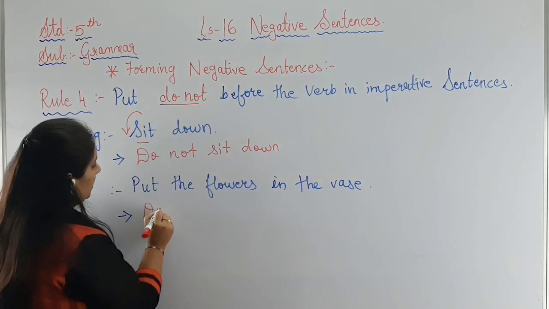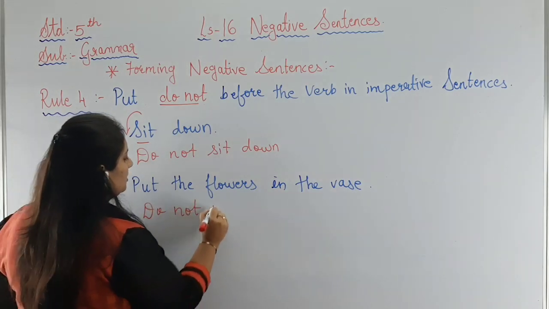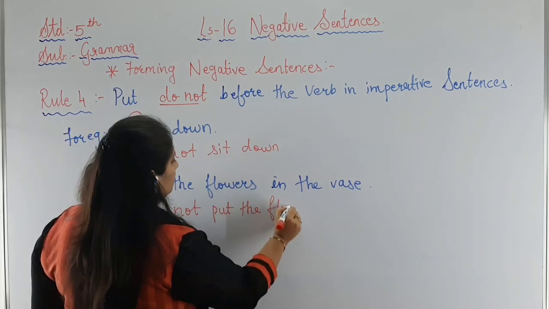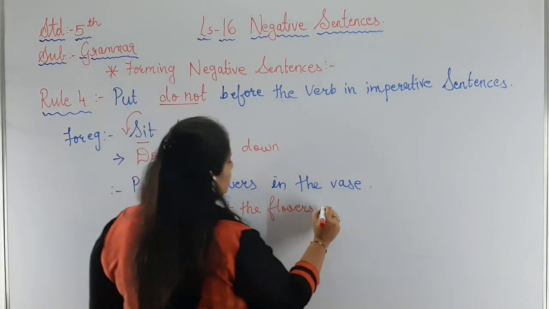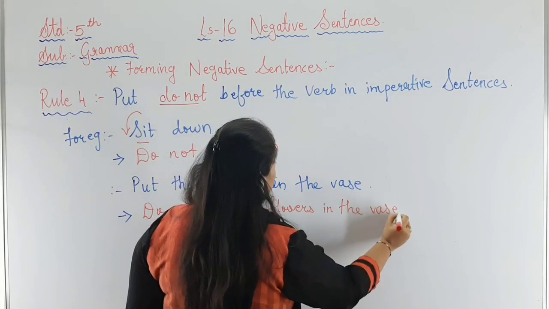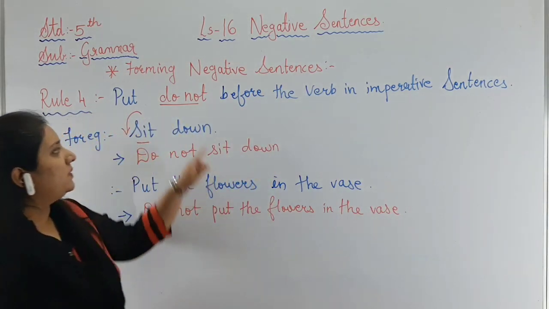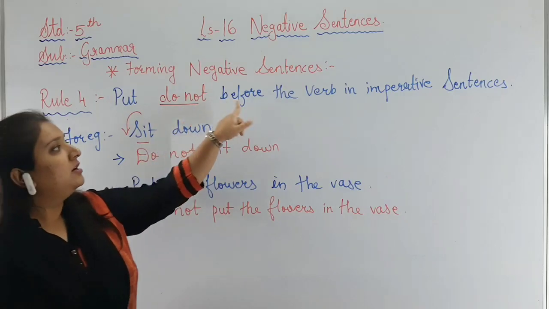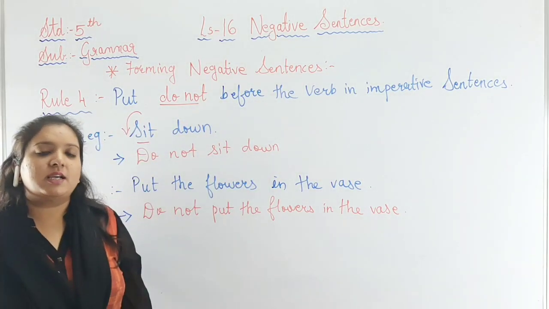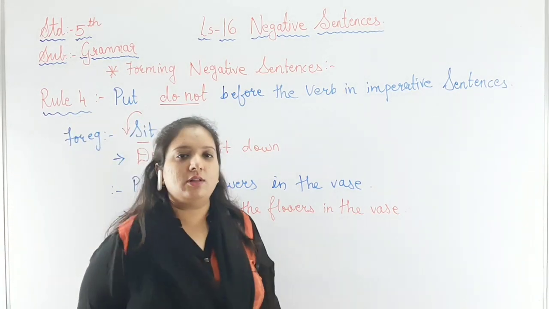The statement will become: do not put the flowers in the vase. So in an imperative sentence we add the word do not before the verb to make it a negative statement. I hope students you have understood all the 4 rules.